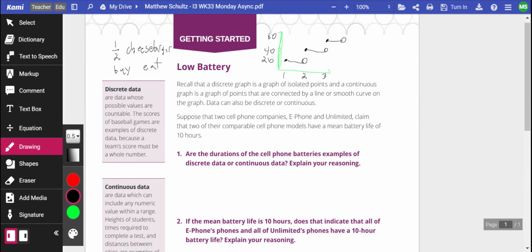So like we were saying before, continuous data is going to have fractions of data, fractions of numbers.